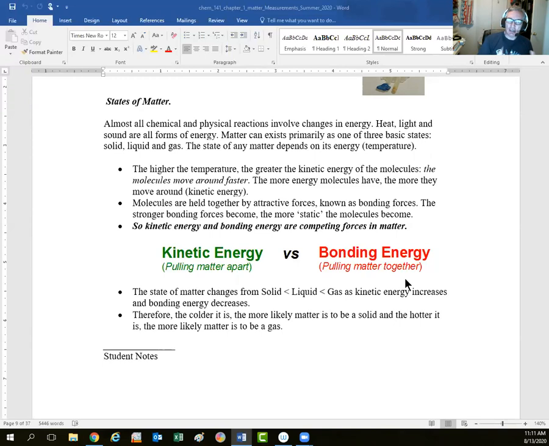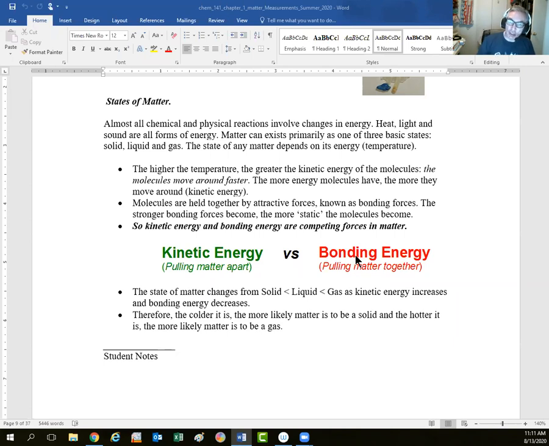There are attractive forces between molecules and atoms, which are trying to hold matter together. It's trying to create order, and so it has the opposite goal of kinetic energy. Kinetic energy is trying to fly matter apart and create chaos. Bonding forces between molecules are trying to create order.